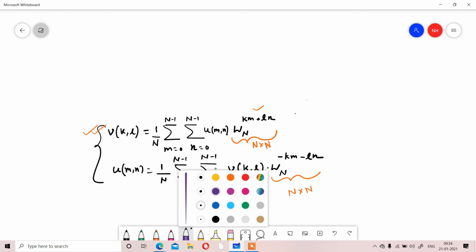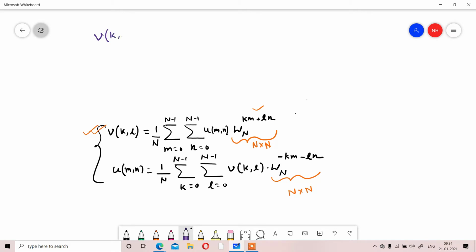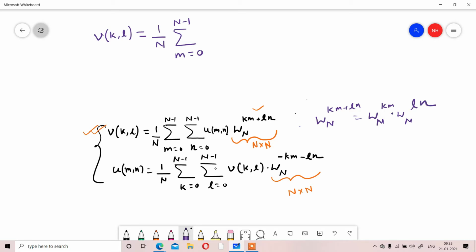That expression V of KL I am writing in that format: V of KL is equal to 1 by n, summation of m equal to 0 to n minus 1, and we are splitting that part, Wn of Km plus Ln, into Wn of Km and Wn of Ln in two parts.